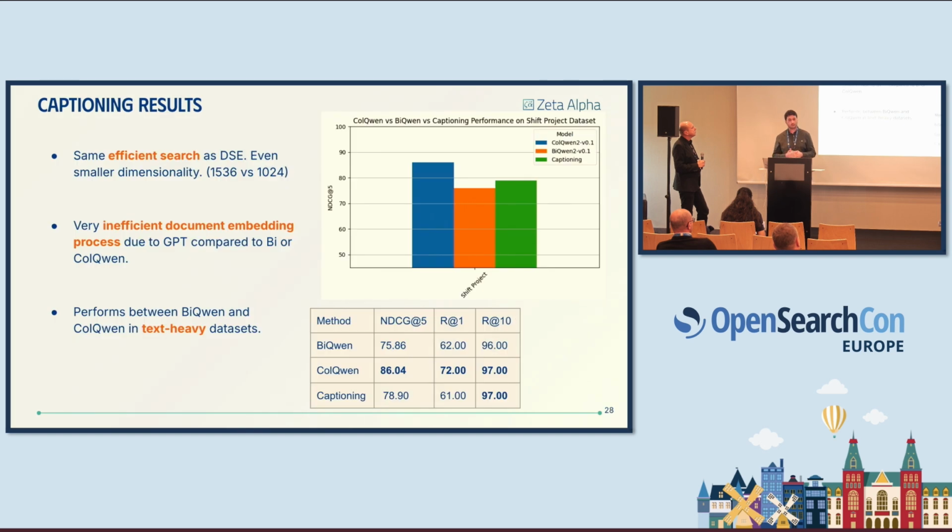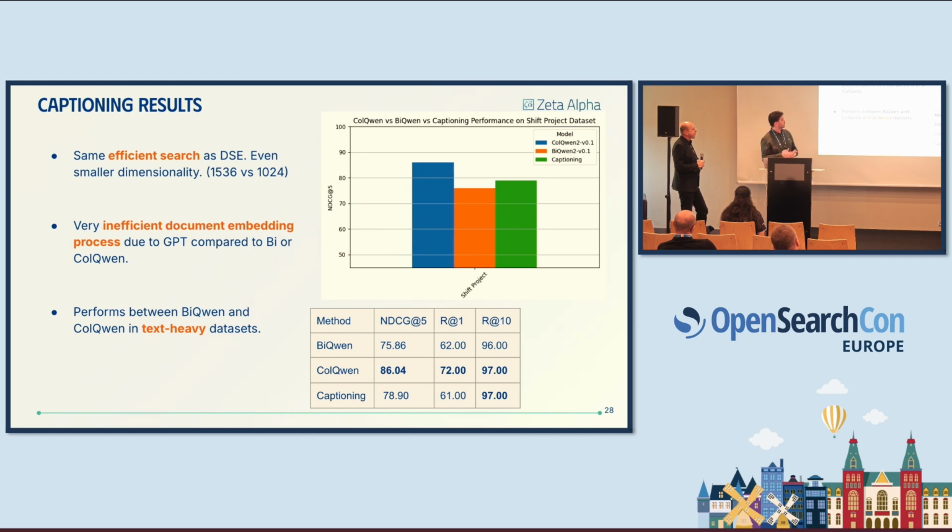So how does it perform? Surprisingly, it's actually better than BiGen2. In terms of efficiency, it's the same as BiGen and DSE, even though it has a little lower dimensionality. The performance, as we can see, is still less than ColGen, because we are pretty much using just one embedding for all of that detailed text.